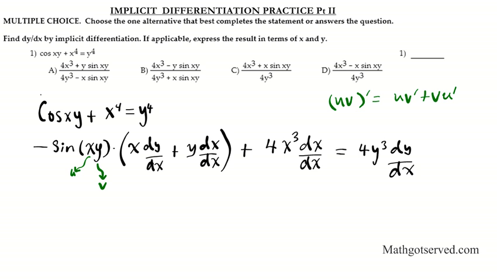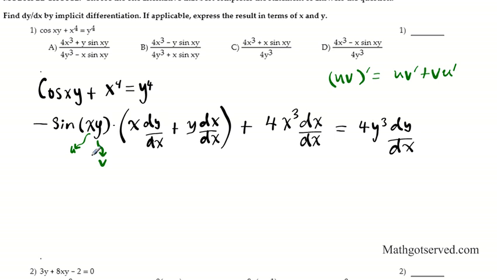Okay? Alright, let's simplify this a little bit more. We can distribute negative sine xy to this term. So this part is going to become negative x sine xy dy/dx, and plus y, because dx/dx just reduces to 1, and if you distribute that, the sign changes.